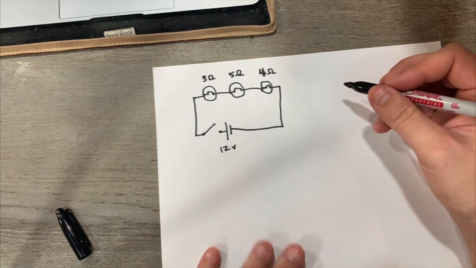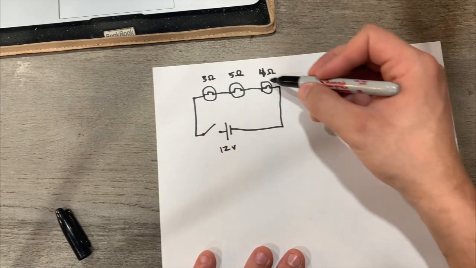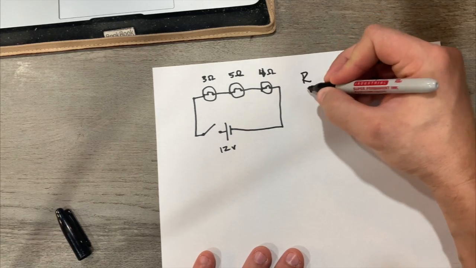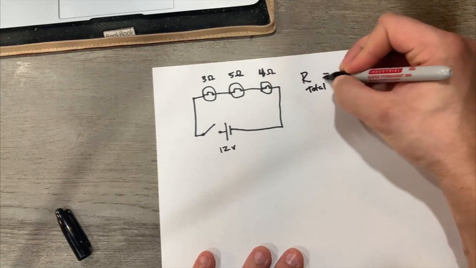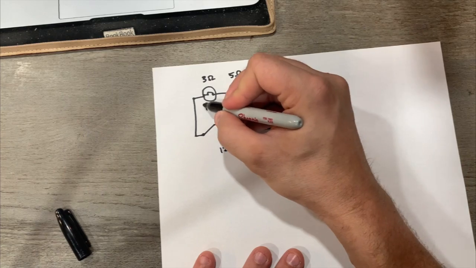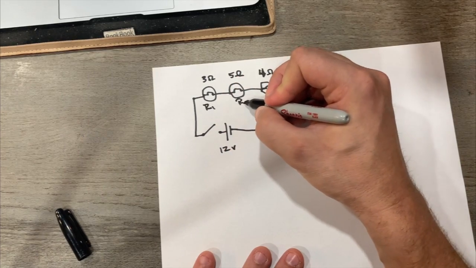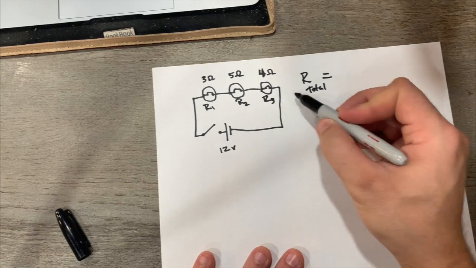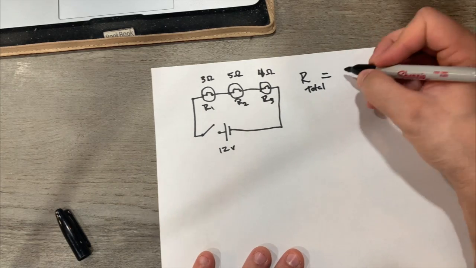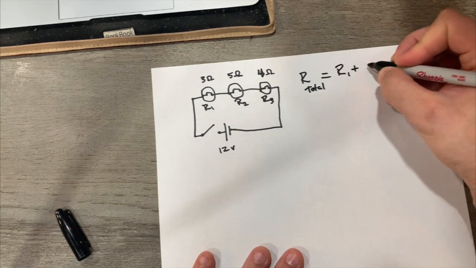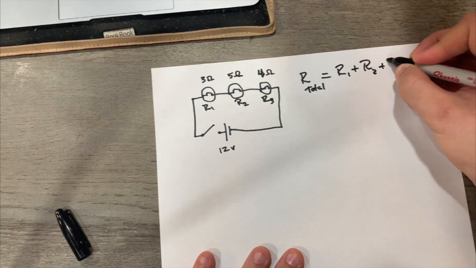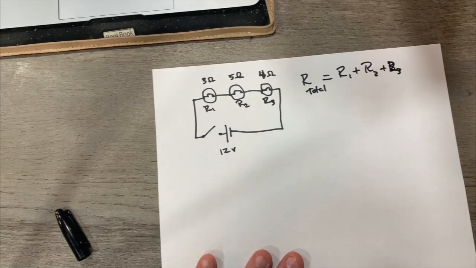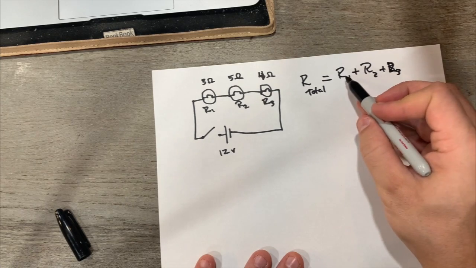Now, in order to determine the resistance over the entire series circuit, the way we find our total is by adding up the resistance from each one of the bulbs. So for each one of the resistors, 1, 2, and 3, we find the total simply by adding R1 plus R2 plus R3. So resistance of 1, 2, and 3.